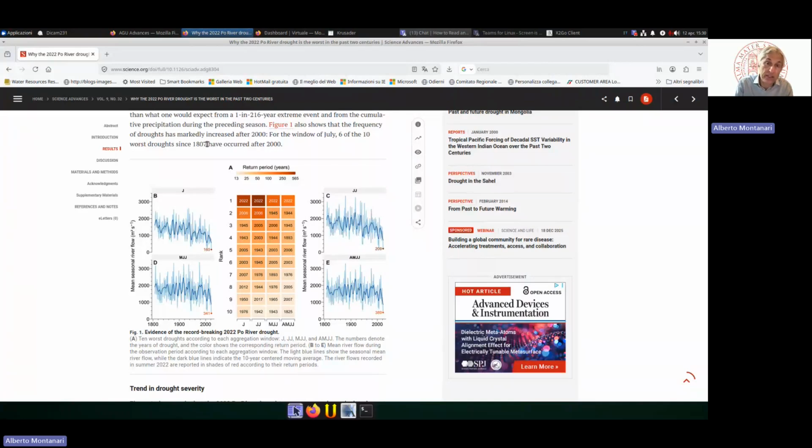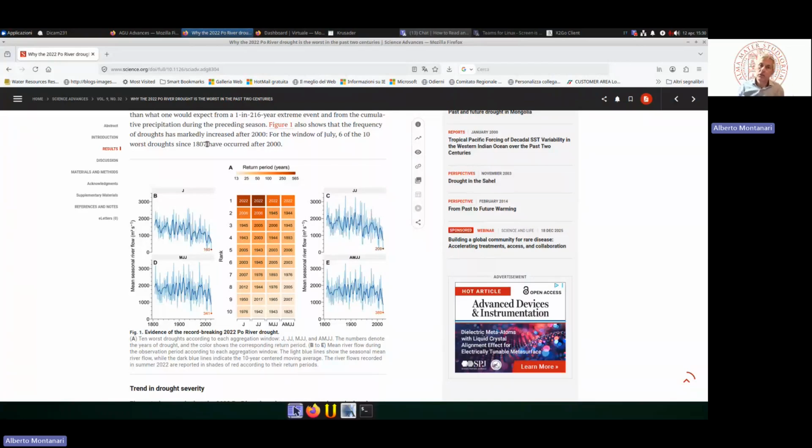Just additional detail, in each of the four figures, you see reported the value in color ranging from light red to dark red, the value of the return period of the river flow in the corresponding season. And the color is providing an estimate of the return period. So basically you see that in July 2022, the river flow was during the month 160, and in June, July, it was 209 and so forth.